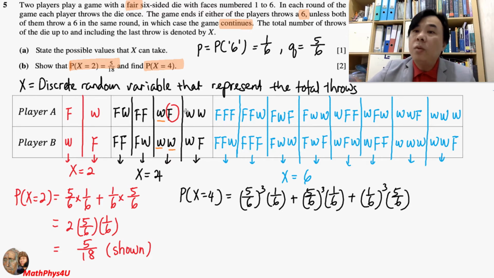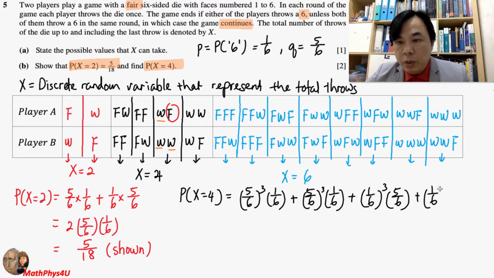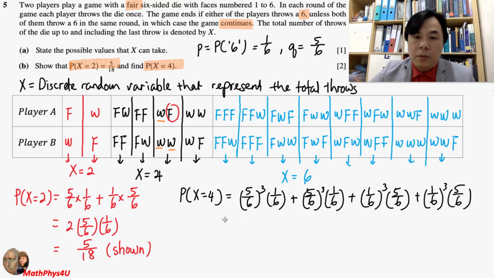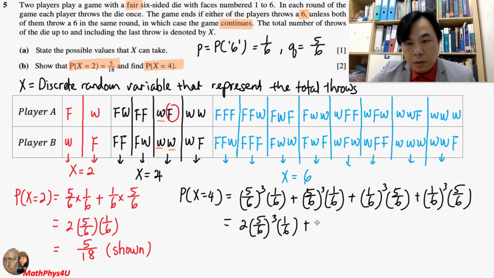And the same goes for the last possibility. We will have 3 win, and then 1 failure. Now, of course, it's quite obvious to you that some of this number is double, like this part here is twice of that, and then this is also twice of this.